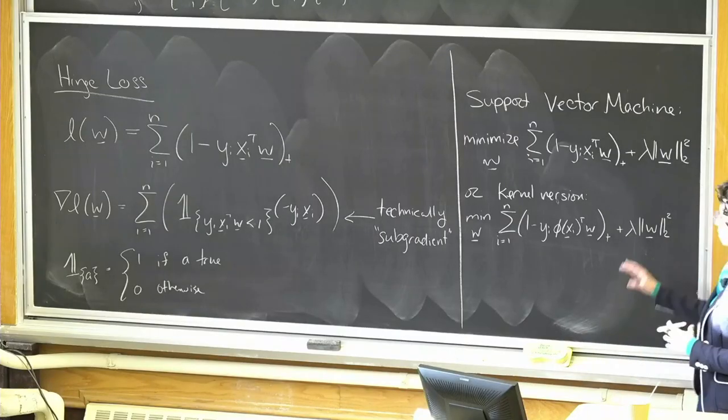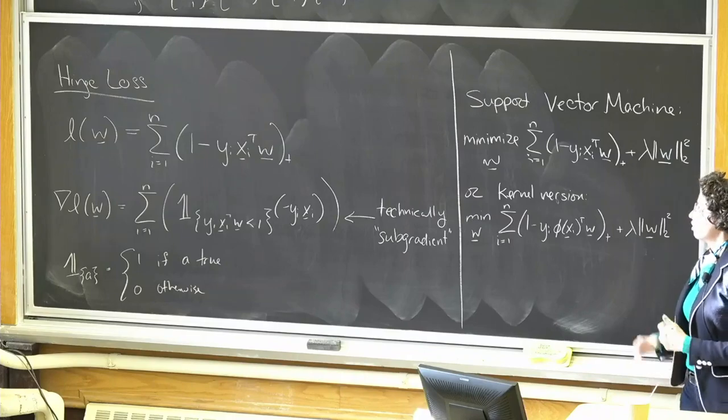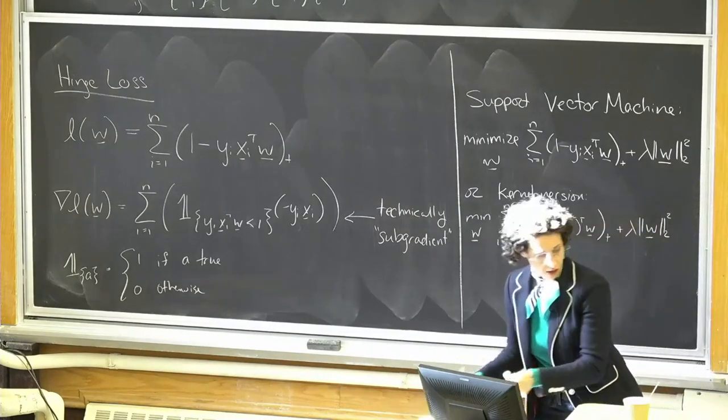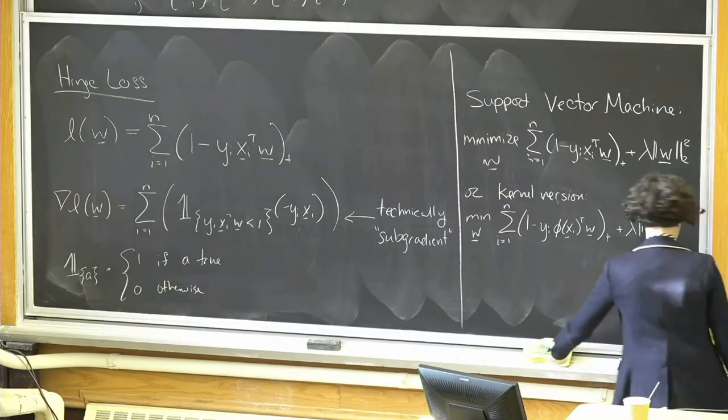But this corresponds to a very simple kernel. So this is what a support vector machine is doing. It's pulling all of these pieces of 2 norm regularization that we saw with ridge regression and hinge loss together.